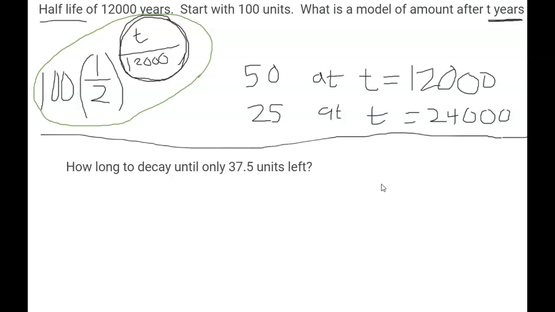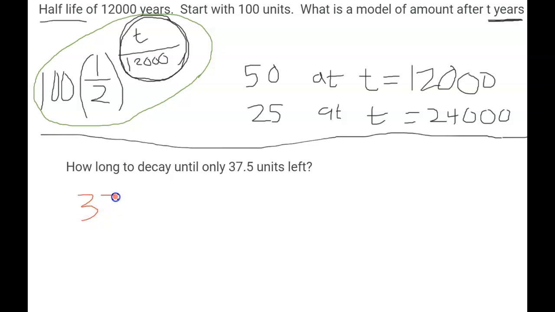So we have to actually work at this. But it's not that much of a big deal, right? We already have, circled in green, the formula for how much there is left after T years. And we're being asked how long, right? How many years to decay until that amount circled in green is 37.5. So let's solve for T. Right?